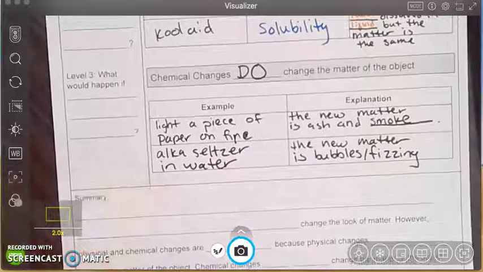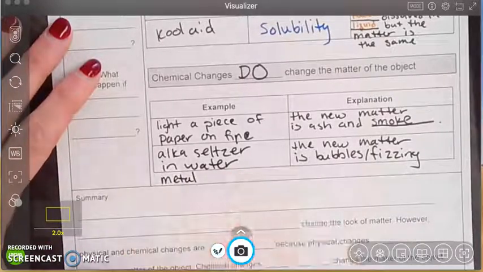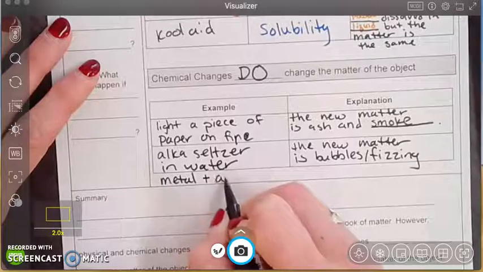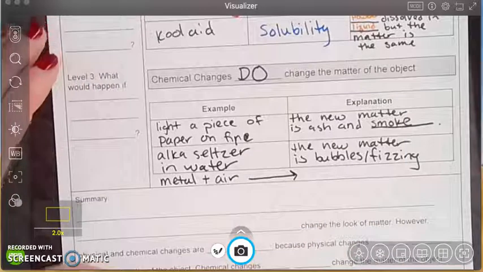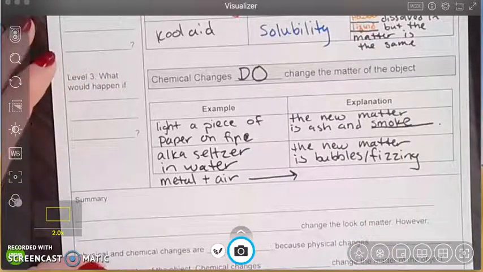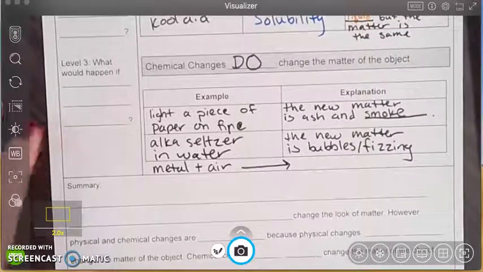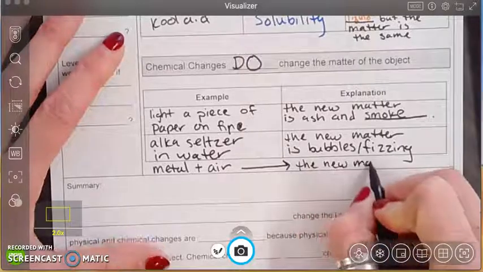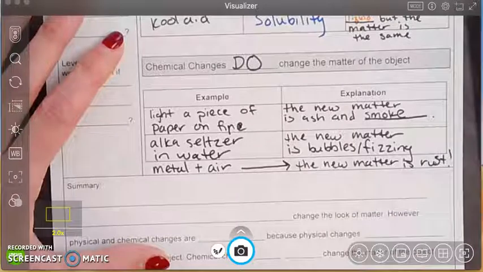I'm going to do one more because there's a third one. If I take metal, like a car, and I leave it out, so I'm adding air to it, what happens to a really old car? You can tell what happens to a really old car. I hope right now you're saying the new matter is rust.